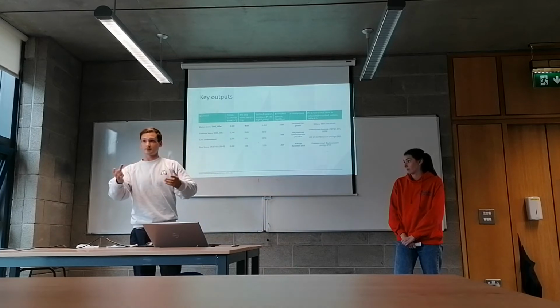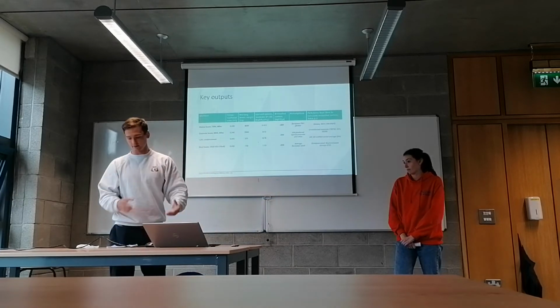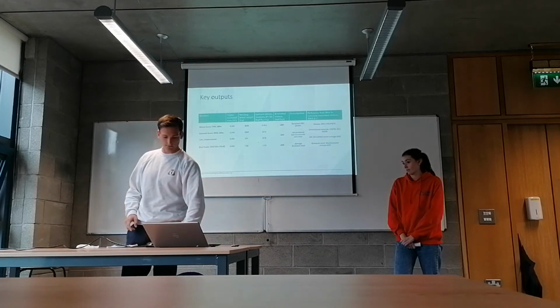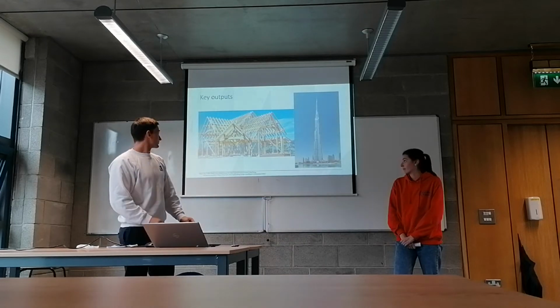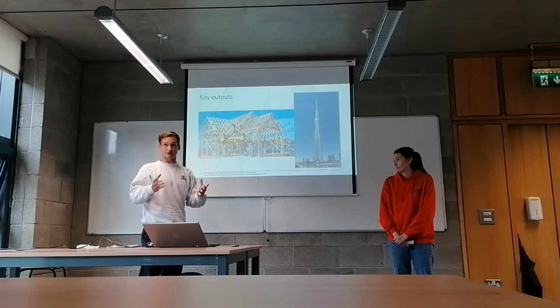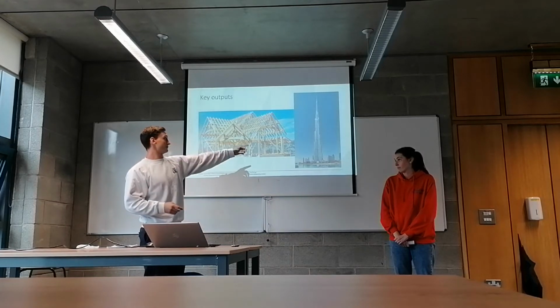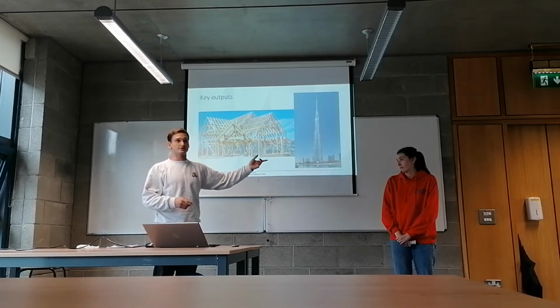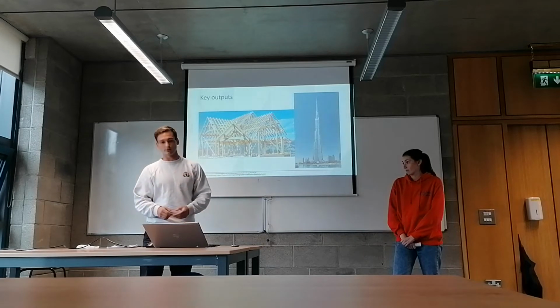So you would have to decide for your use which material to use. To give an example, small-scale structures usually work better when you use timber, but you couldn't build a big skyscraper out of timber, so steel and concrete is more efficient.